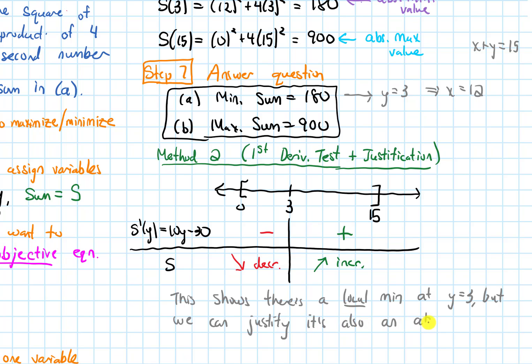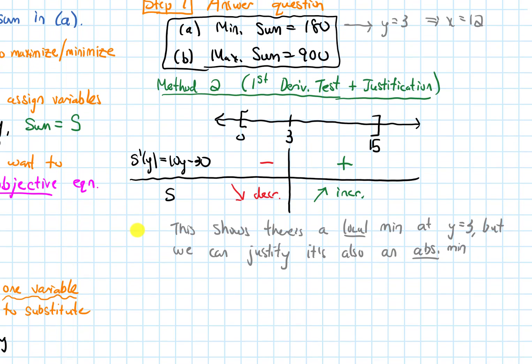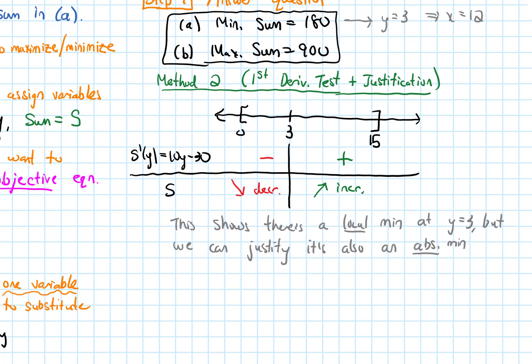But we can quickly justify it's also an absolute min, because we need this to be an absolute min in this optimization question. So I couldn't stop here. I got to give a little bit of extra justification, but it's going to be very quick. So how do we justify why this isn't just a local min? Why is this actually an absolute min? The reason has to do with the fact that this is a very particular sign chart.